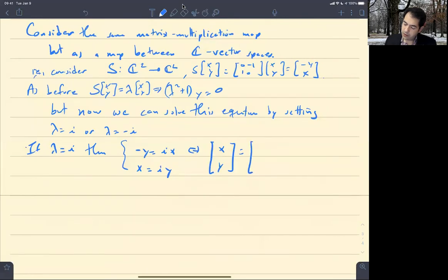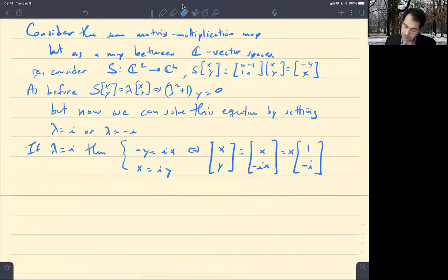as before, you only need one of these equations, the other one's redundant. So let's keep the first one. It tells us that instead of y, you can put minus i x. So we get just x times (1, -i).